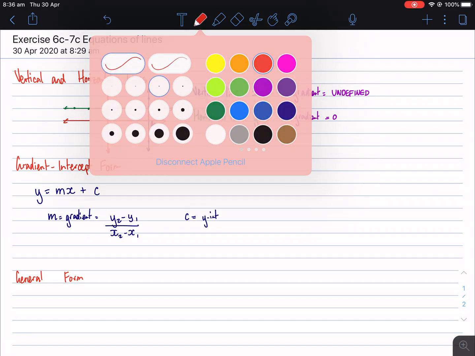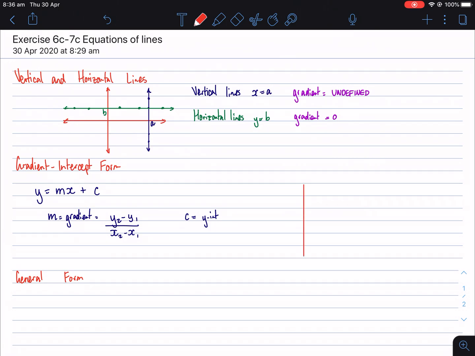So if you've got a straight line and it's going up like that, this is C, where it cuts through the y-axis.